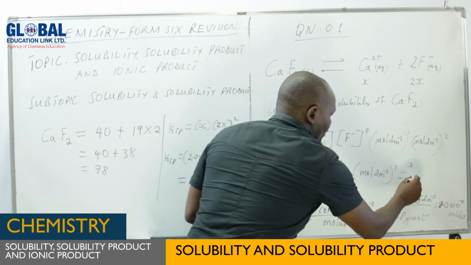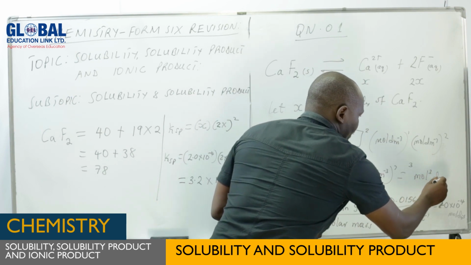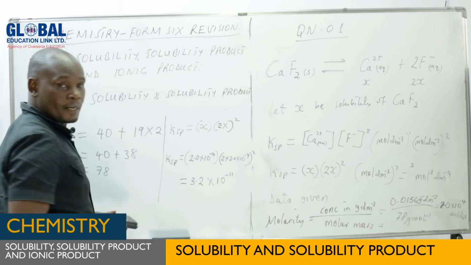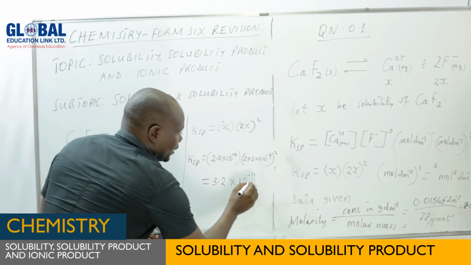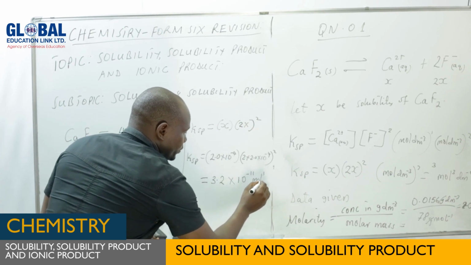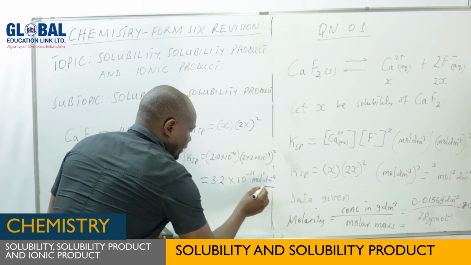That gives moles cubed per decimeter power negative 9, so the SI unit of our KSP will be moles cubed per decimeter to the power negative 9.